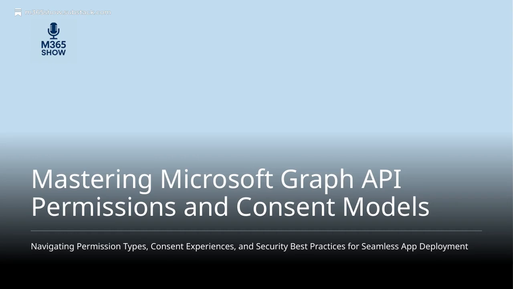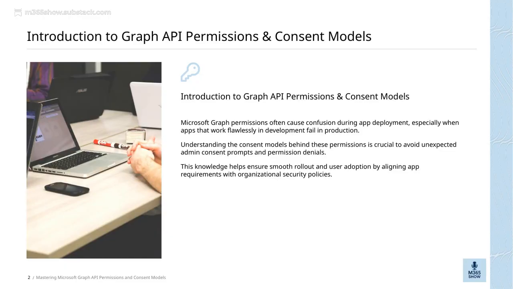So let's get started. Welcome to today's discussion on Graph API permissions and consent models. Many developers find that Microsoft Graph permissions can be confusing, especially when their apps work perfectly in development but run into issues in production. Understanding the different consent models behind these permissions is key to avoiding unexpected prompts for admin consent or permission denials.